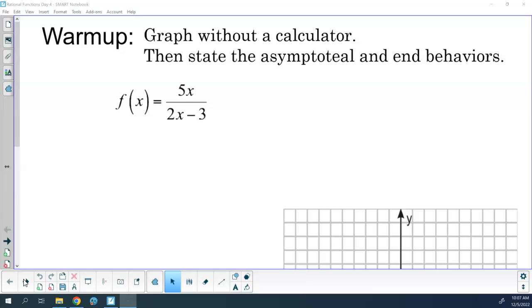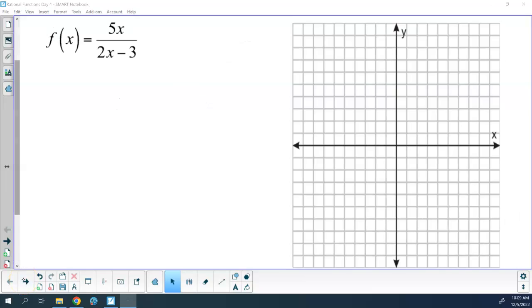So on this warm up, just straight up graphing it and then stating the end behaviors and asymptote behaviors. All right. So step 1. Find the domain. How do I find the domain? Set the denominator equals 0.